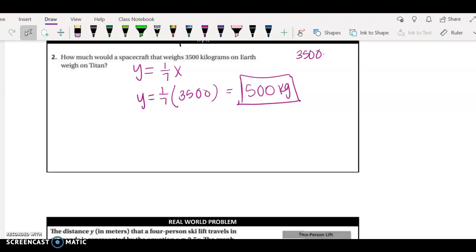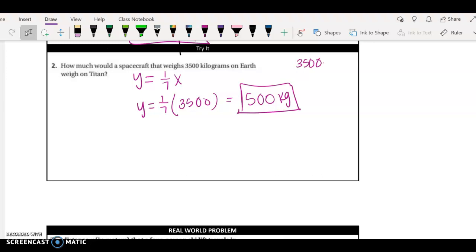Okay, so for the try it, we have: how much would a spacecraft that weighs 3,500 kilograms on Earth weigh on Titan? So we still use our same formula, which is y equals 1/7 times x. And Earth was our x in our last example, so that is what we're going to plug into the formula, that 3,500.